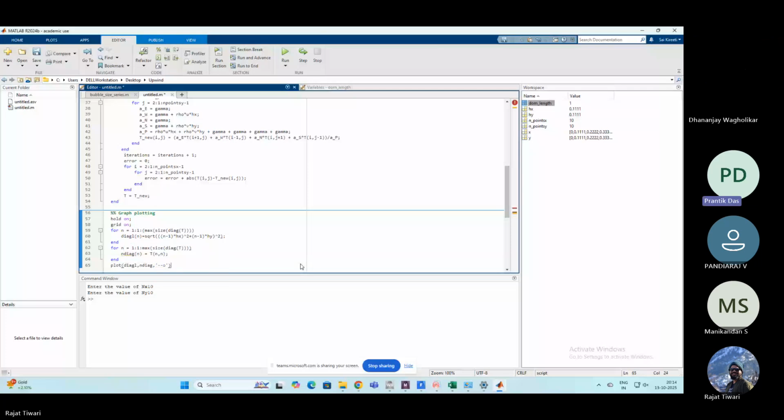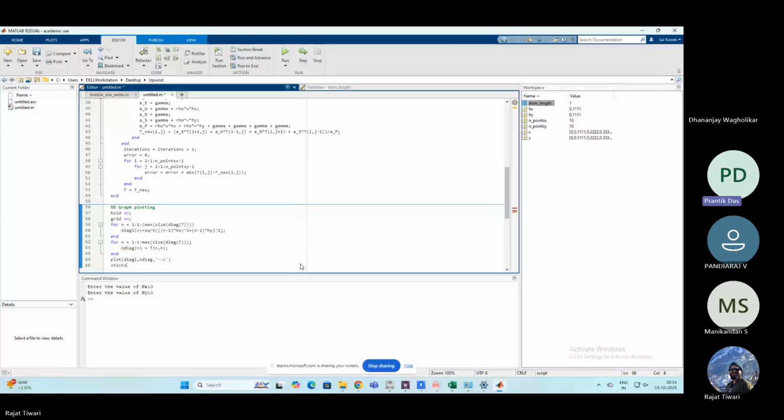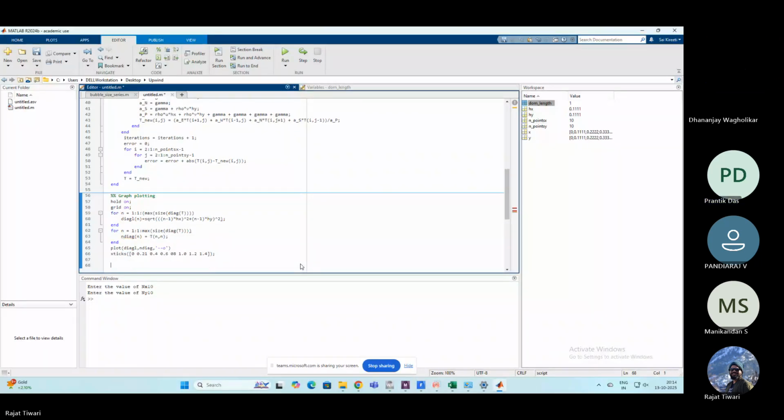The x ticks are 0, 0.2, 0.4, 0.6, 0.8. These are the tick points I'm giving just for practicality.